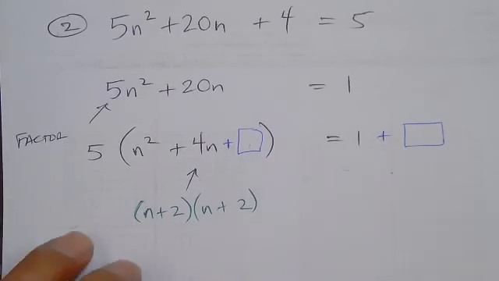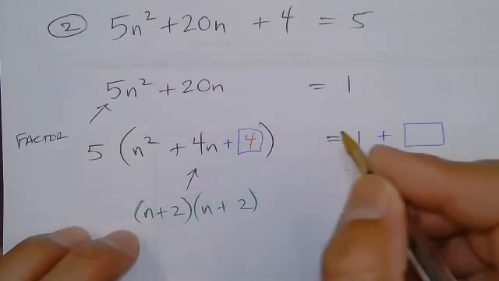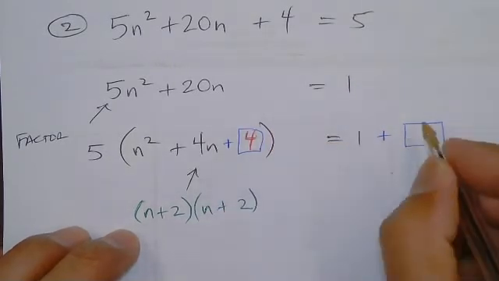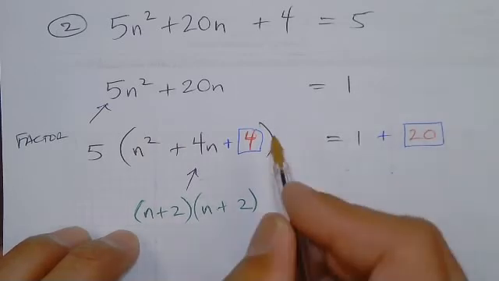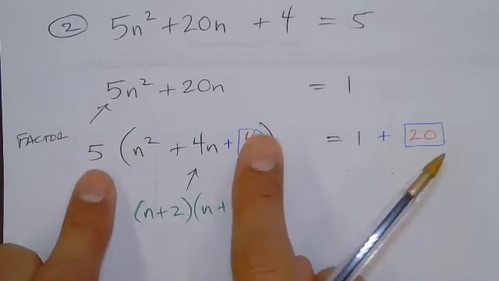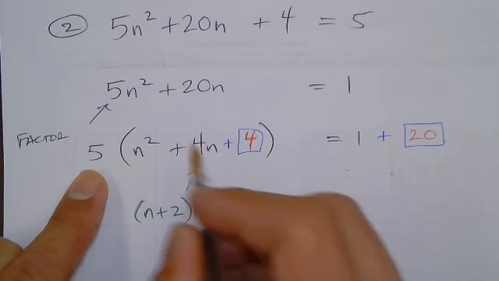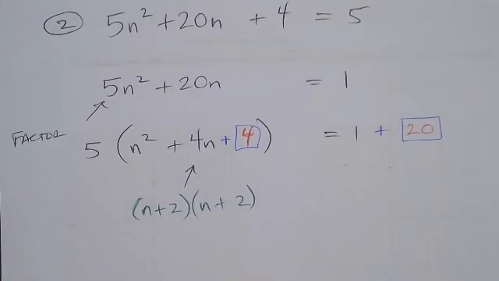So you tell me, what number do you add here and what number do you add over here? Here you add a 4, and here you're going to add a how much? 20. 20, because you have to multiply 5 times the 4, right? 5 times 4, you got 20.